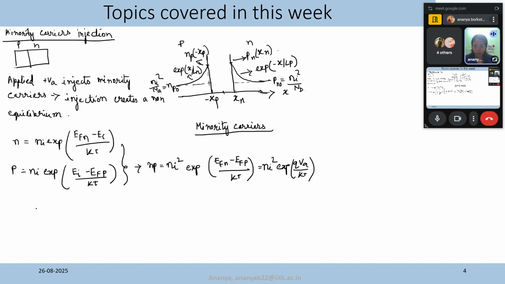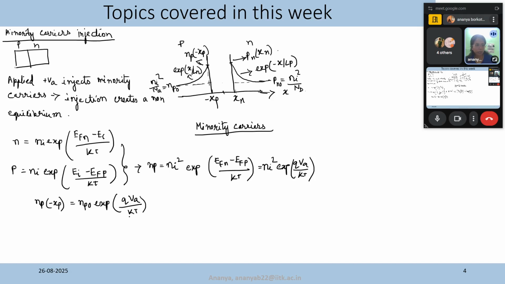So we know how our np at minus xp will look now. This is np naught exponential qVA by kT.